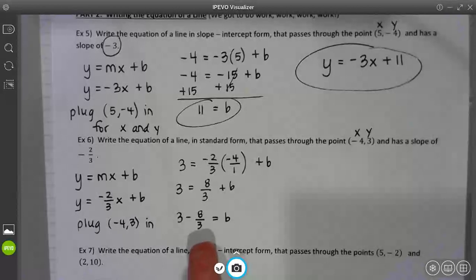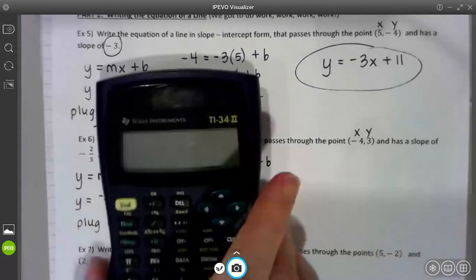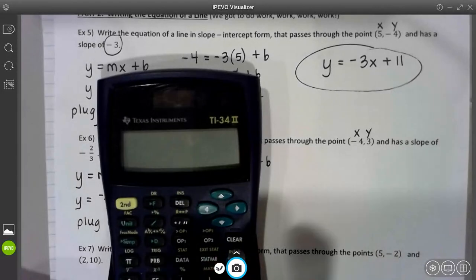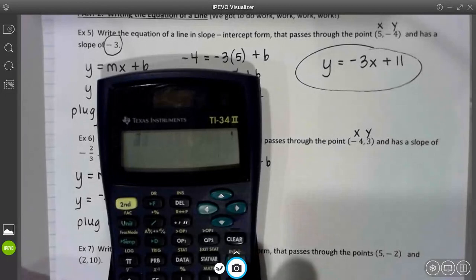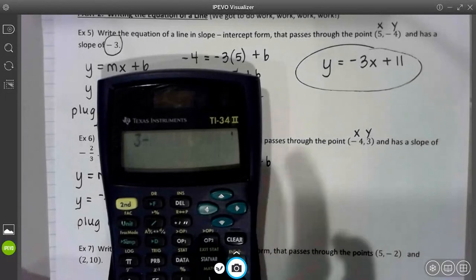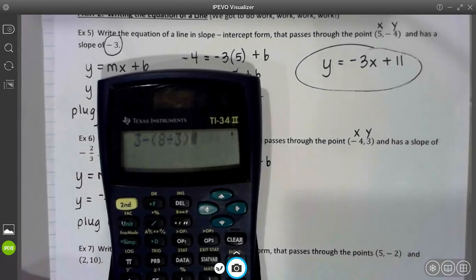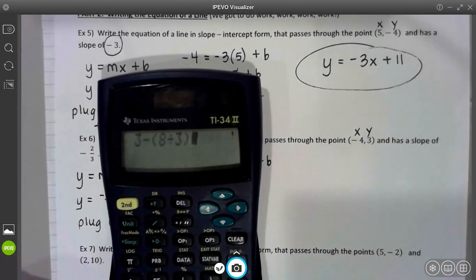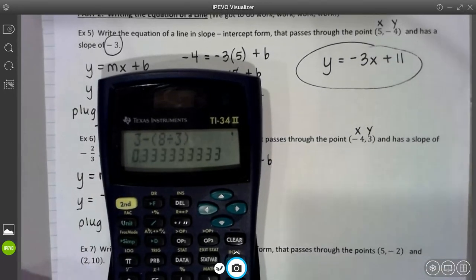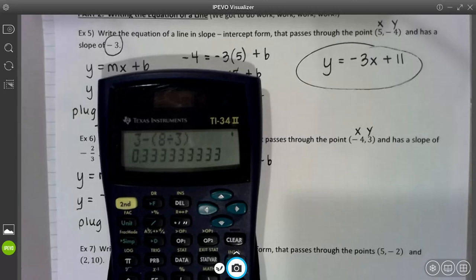Guys, let's let our calculator do the work, please. So let's ask our calculator, what's 3 minus 8/3? 3, subtract. I'm a big fan of parentheses. Parenthesis, 8 divided by 3. That's your calculator doing 3 minus 8/3. Hit enter. Ah, damn it. It's a really ugly decimal. You're not allowed to round, right? You have to put the fraction in.